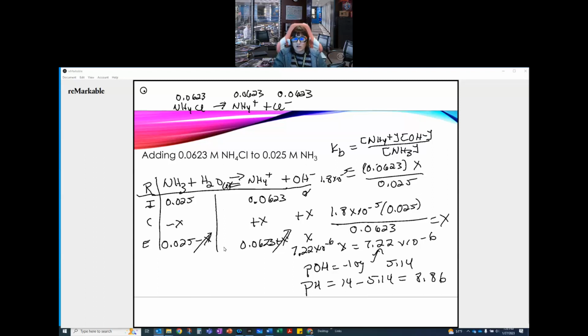So the opposite thing. If I take this NH3 and I titrate it with HCl, if I don't go all the way, I have generated some NH4 plus and still have some NH3, so that's a buffer too. Both of those are ways that we can generate that. You need to be aware of both. Okay, let's see what else we've got.